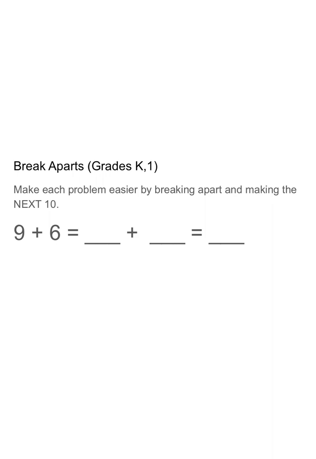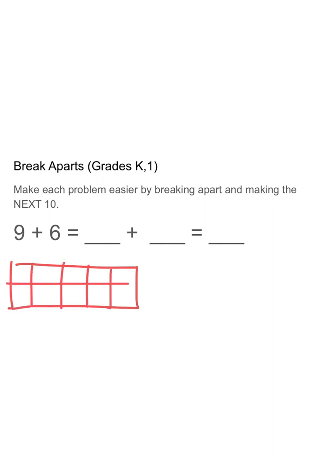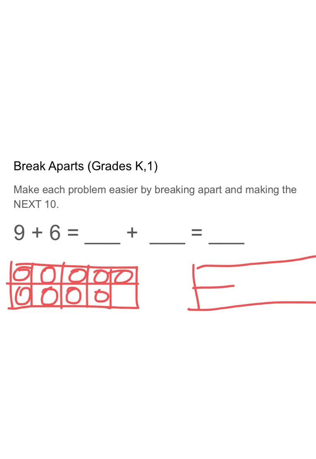Okay, break aparts. These can be started in kindergarten. Again, I'm going to start them using beads or 10 frames. Same with first grade. I'm going to start out with 9 in a 10 frame. So I will have 9 objects. And then I have another 10 frame with 6 objects.